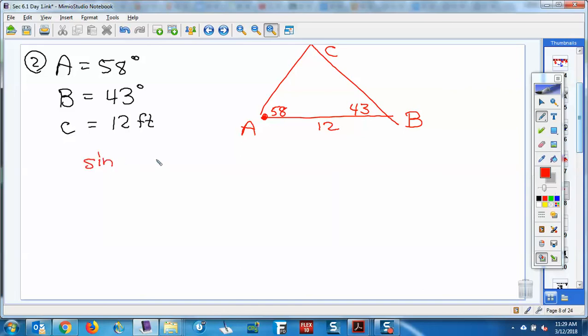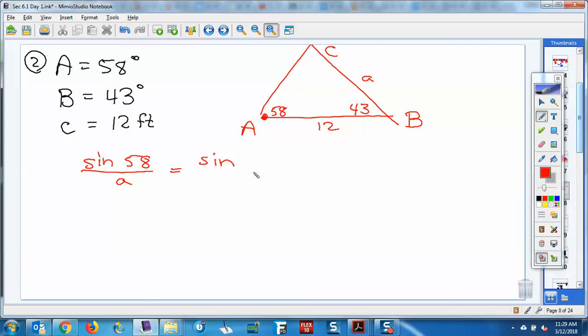Sine of 58 over, that'd be A, right? Equals sine of, no, I kind of tricked you.